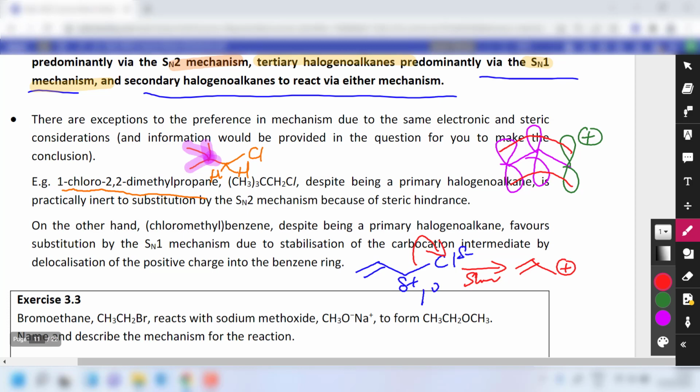So you can say that the positive charge is delocalized into the C=C pi system, or you can say that because the three p orbitals can form a continuous overlap, the positive charge is delocalized across the C=C double bond. So this helps to stabilize the positive charge.